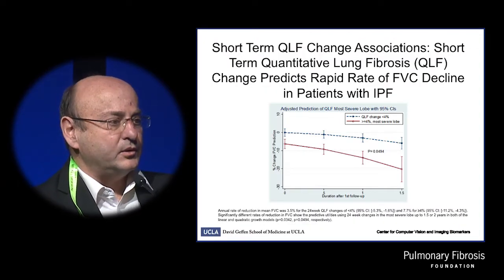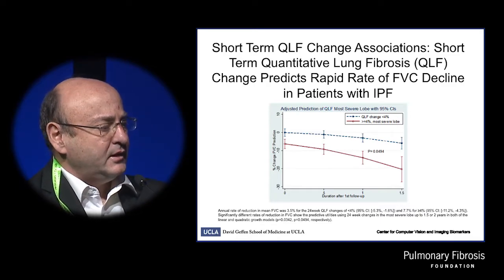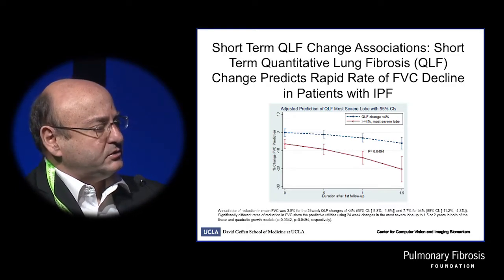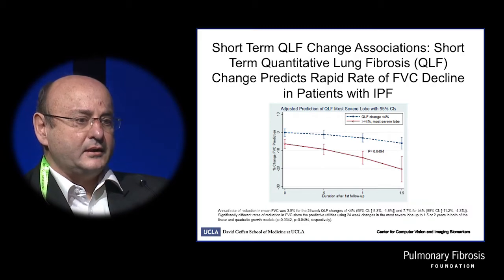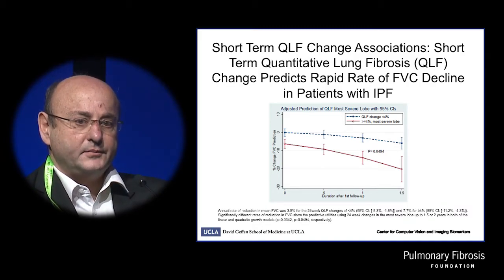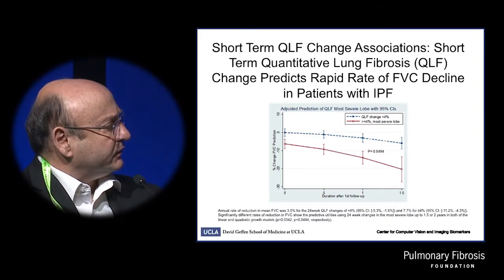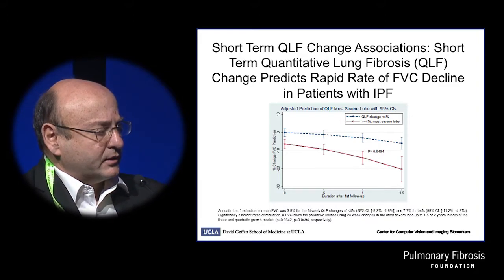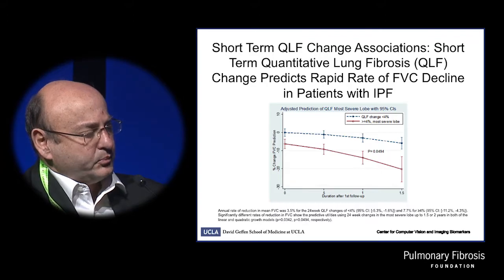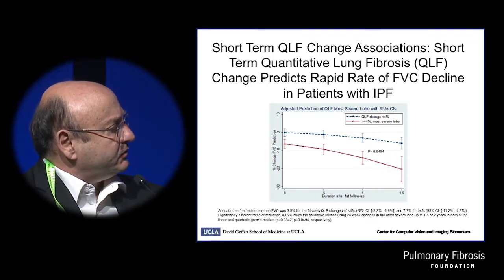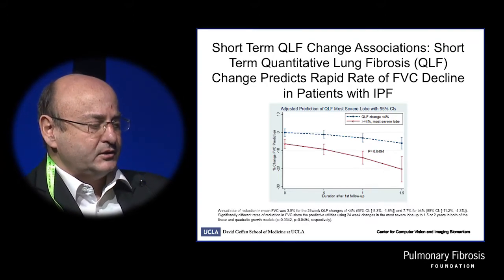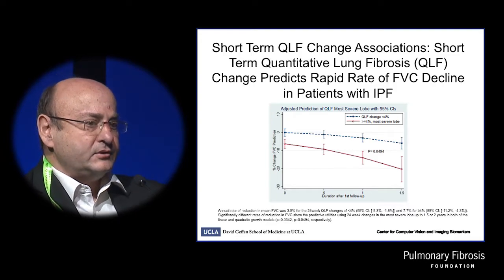Here you see some other work for a biomarker and validation, looking at the short-term change, predicting who's going to decline more rapidly over time. And so here's some work from Grace Kim from our group, who is the leader of our quantitative group in lung disease. And she's done some very nice work as part of our validation processes to look at the relationship with outcome.